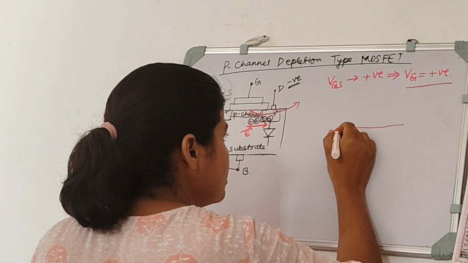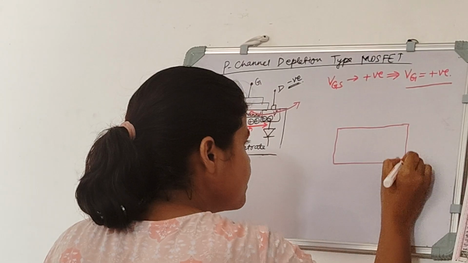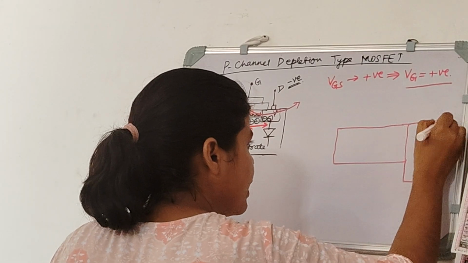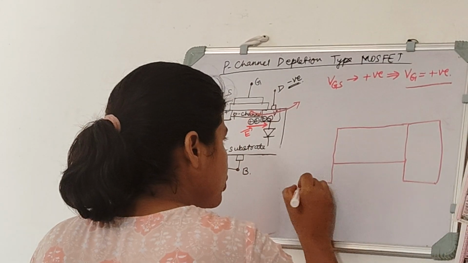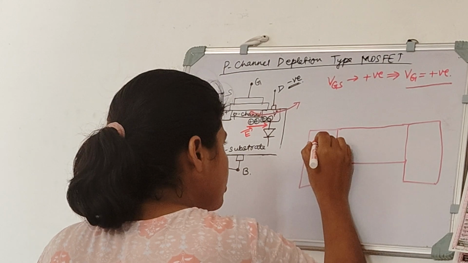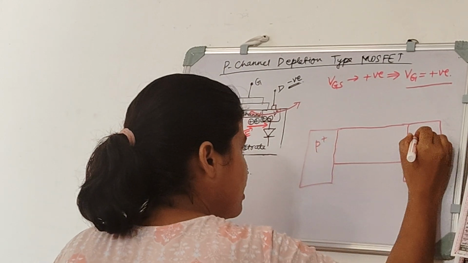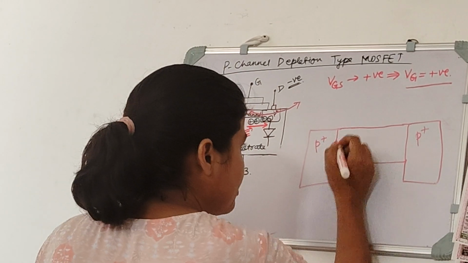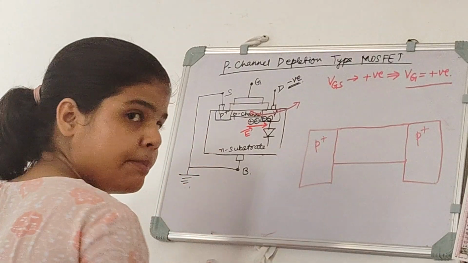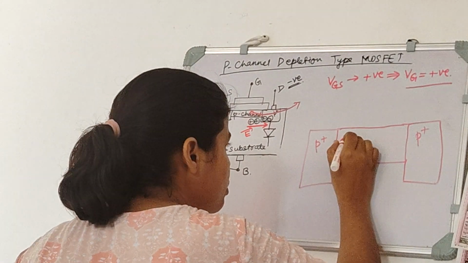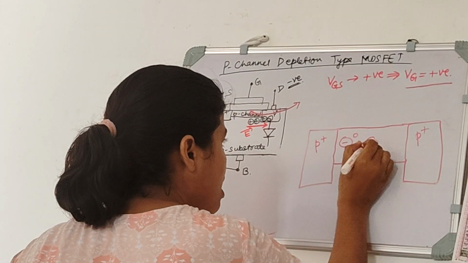So this is our channel, this is our drain, this is our source, and source is of P plus and drain also is of P plus, and this channel is of P type material, so it will have this thing.